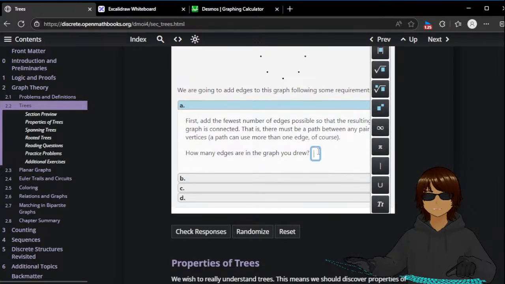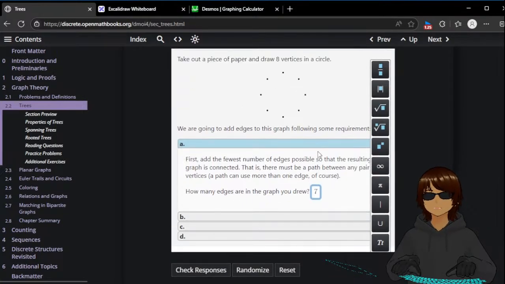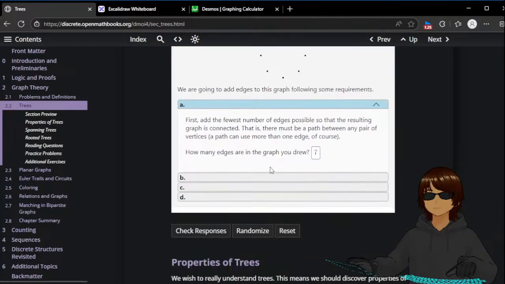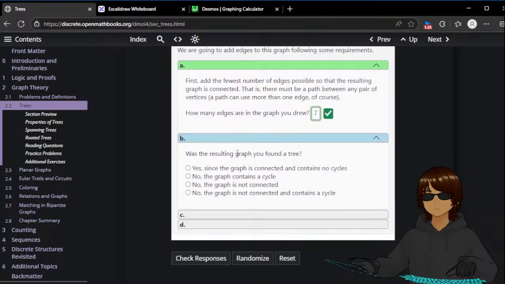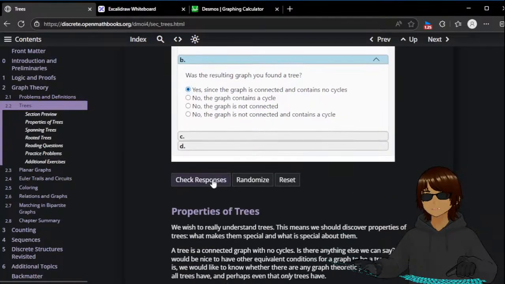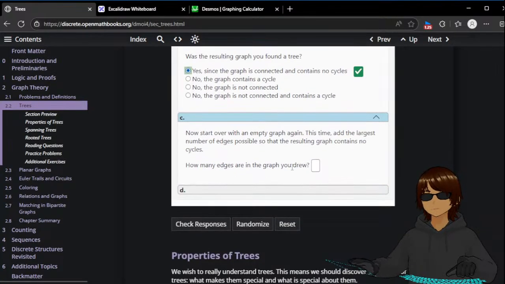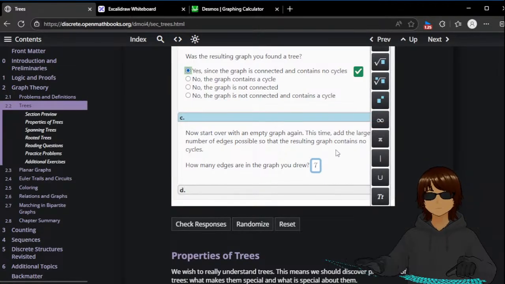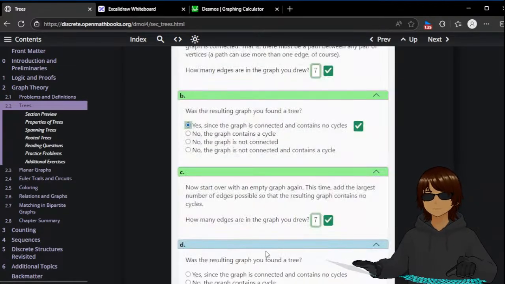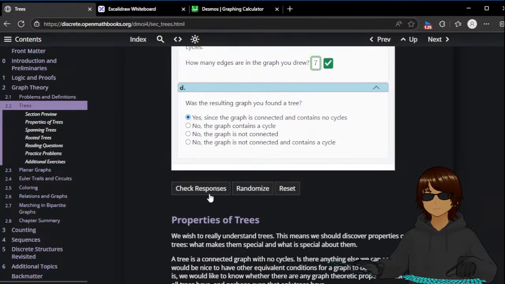How many edges? Seven edges. It is a tree. Seven edges again. It is also a tree.